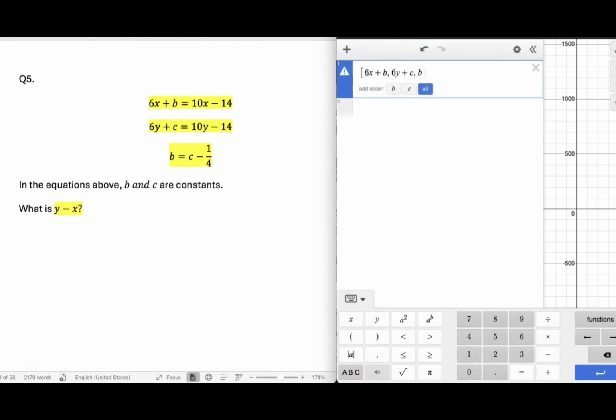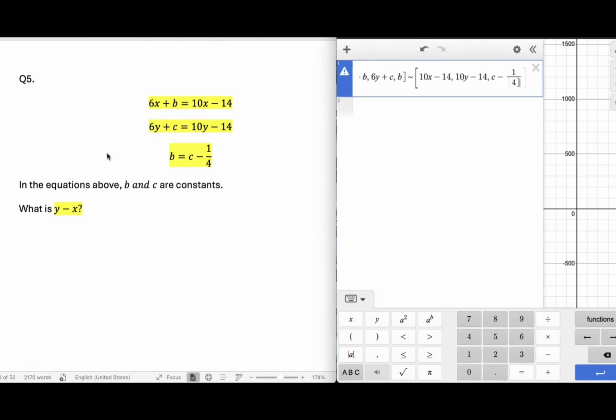Is b. What am I going to do? Just regress it with their individual function. 6x plus b is 10x minus 4. So 14. So I just write it. Same thing. 10y minus 14. And then b is what? D minus 1 over 4.